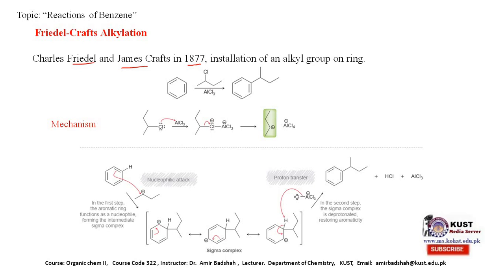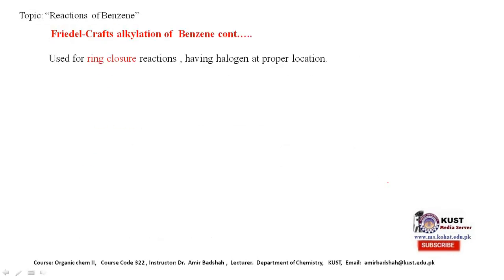It is not limited only to one carbon, but spreads over the whole ring, and that's why the sigma complex is stable. And then in the final step, hydrogen is abstracted from the sigma complex, where the sigma bond is transferred to the ring to restore aromaticity, and as a result we get the alkylated product, and along with that aluminum chloride, which was used as a catalyst, is regenerated, and HCl is also eliminated during this chemical reaction.